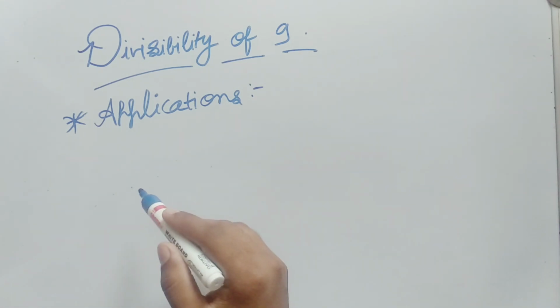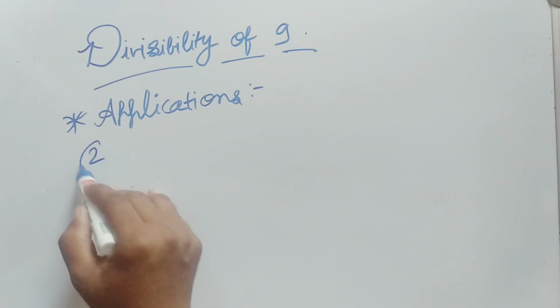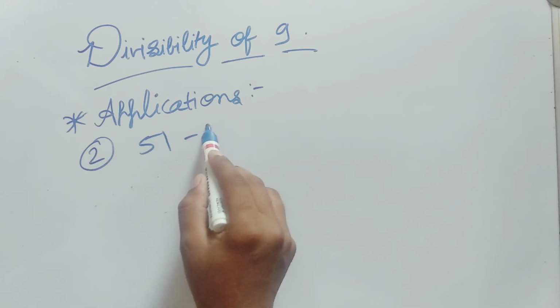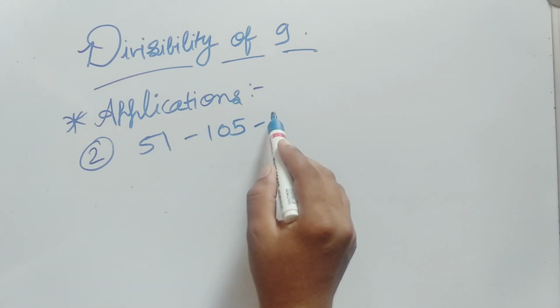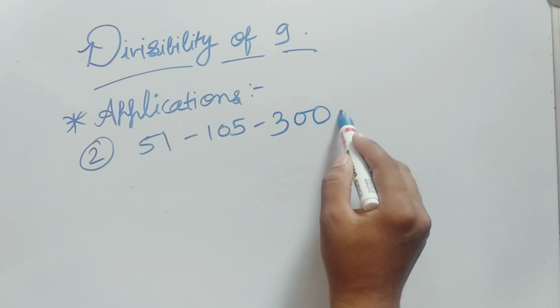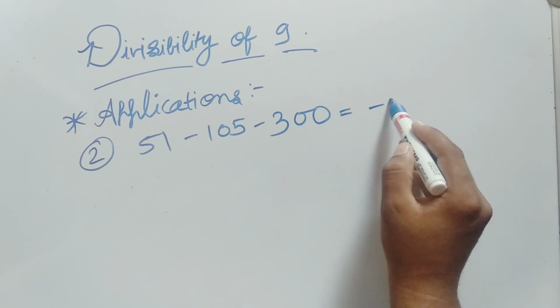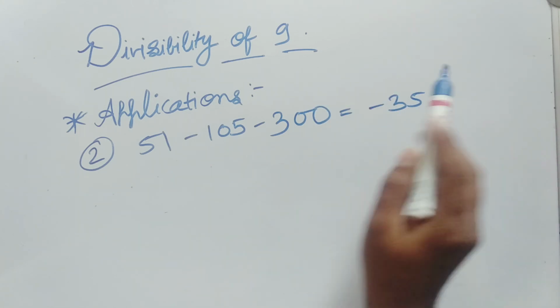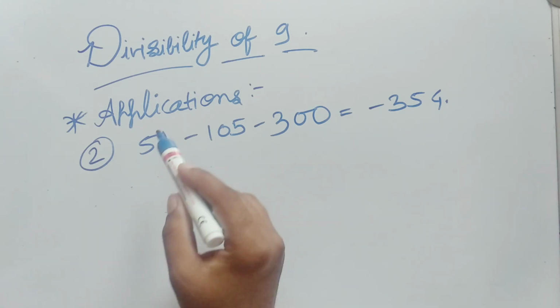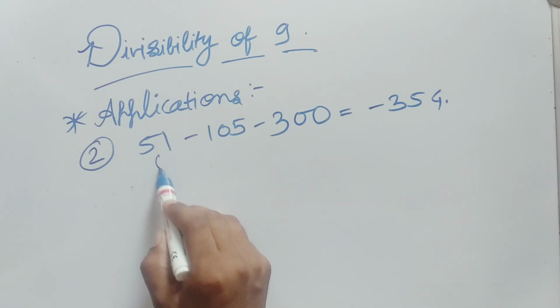Now we'll consider the second example over here, that is 51 minus 105 minus 300, and it will give the solution as minus 354. Now calculate the single digit of each number.